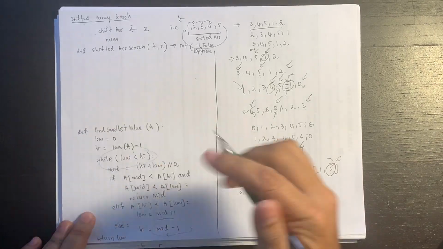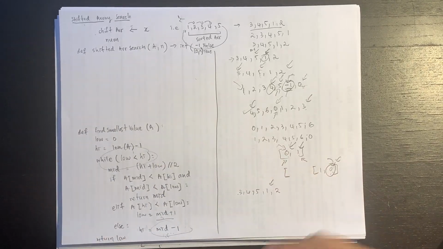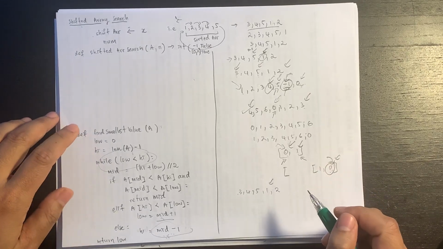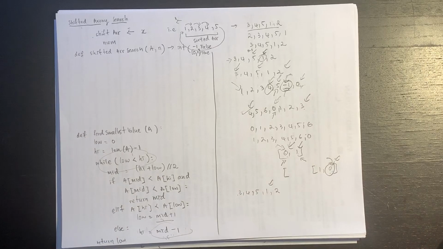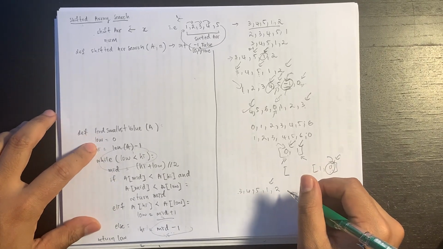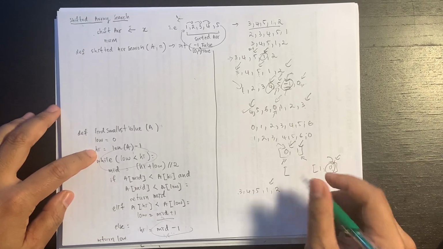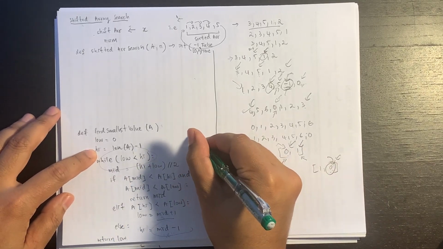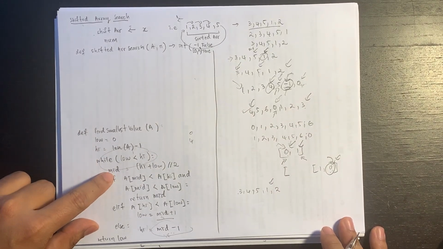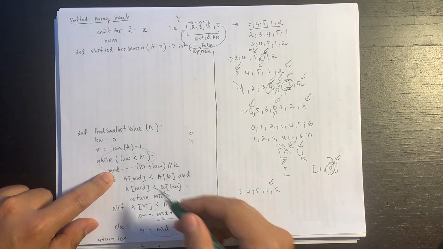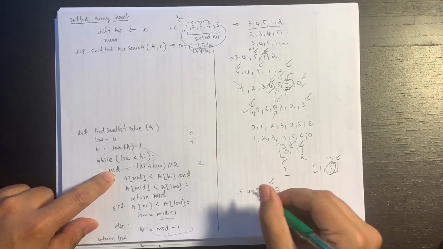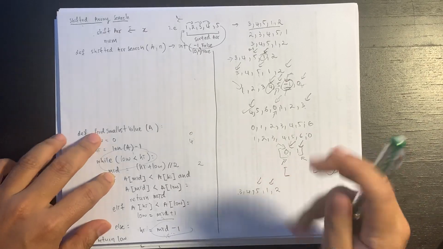Let's walk through this and see if it works as I expect. So low is 0, length would be 5, 5 minus 1 would be 4, so 0 and 4. Right here, mid would be 4 plus 0, 4 divided by 2, so you get 2. And 2 would be right here.